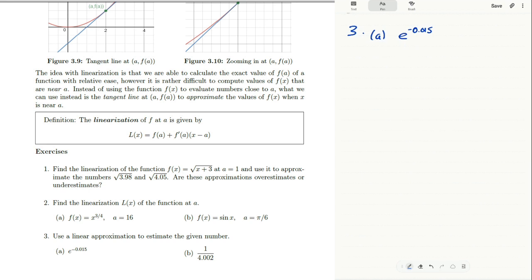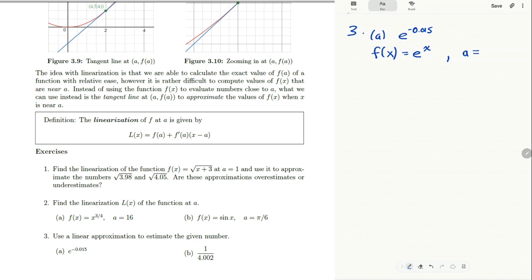There are many different functions that we can use to define the linearization. One function we could use is e to the power of x. Now we also need to determine the value of a.